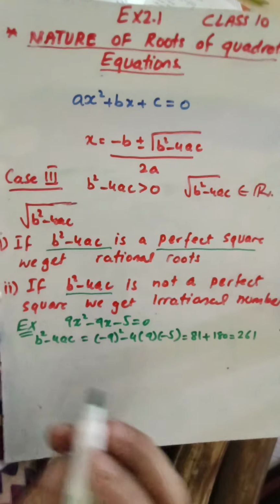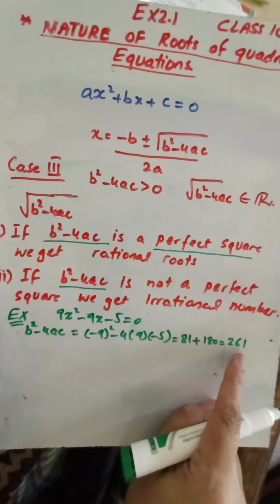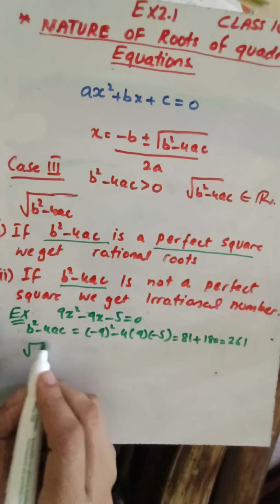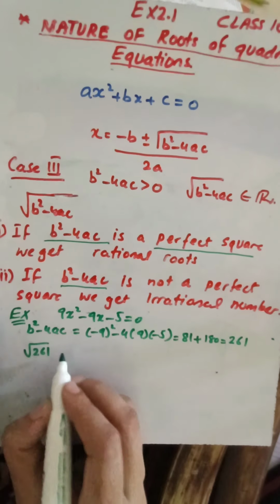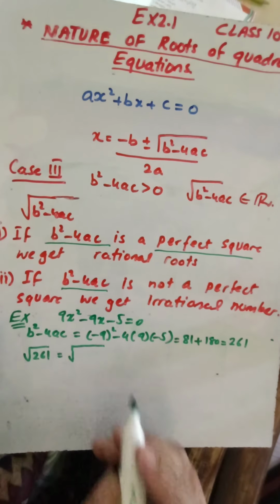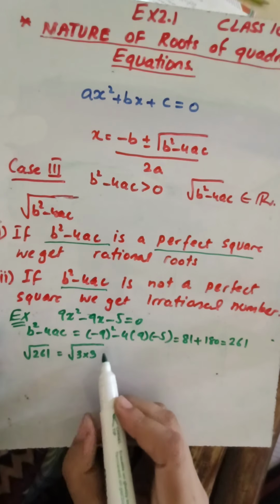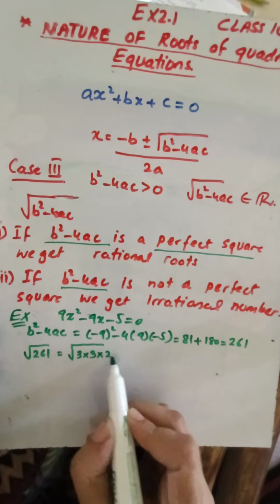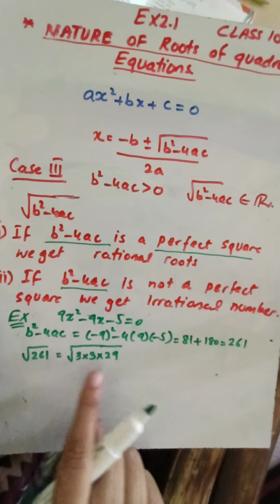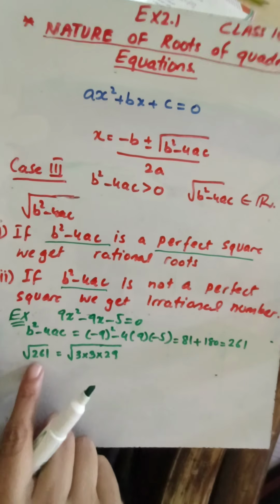261. Now as 261 is not a perfect square, because there is no whole number whose square is this number. If you want to find the square root of 261, what we are going to do? We are going to do the prime factorization, and if you do the prime factorization, then you can easily see that 3 into 3 into 29 are the three prime factors of 261.